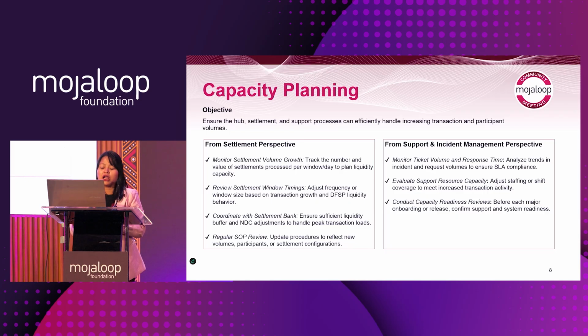It is also important to coordinate with the settlement banks, which will assist the switch operation team to ensure that the DFSPs have sufficient liquidity in their liquidity accounts at the settlement bank. As needed, we have to update the existing documents based on experience and lessons learned from the stakeholders. From the support side, we have to review the support process along with the incident volumes.